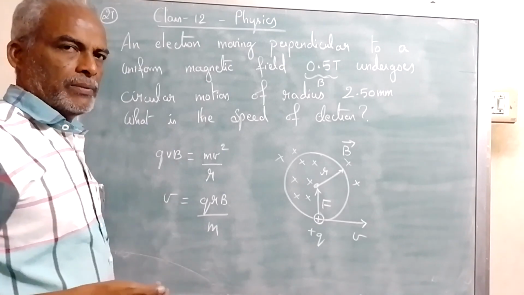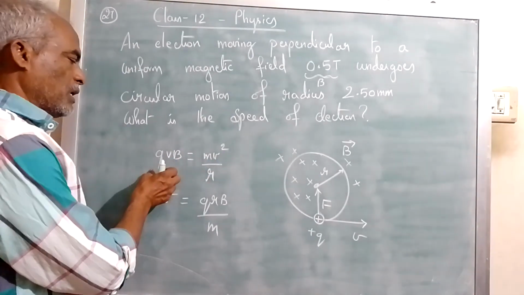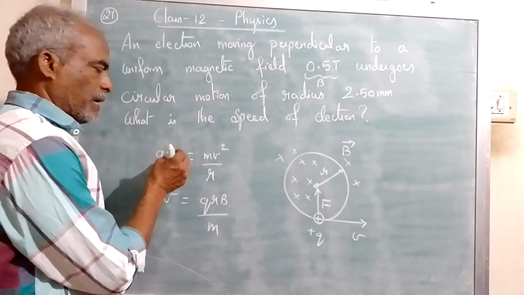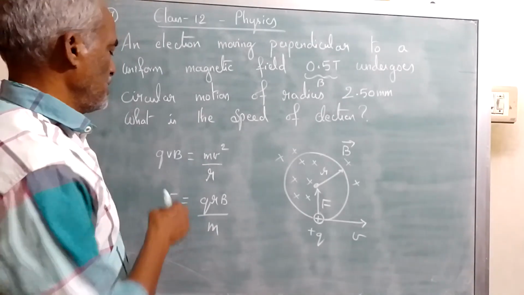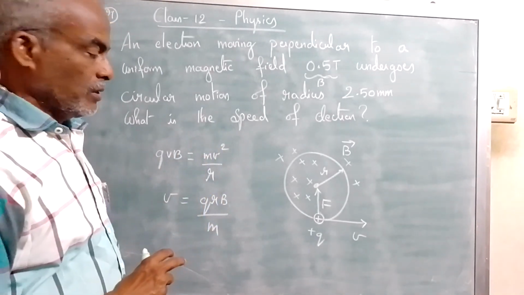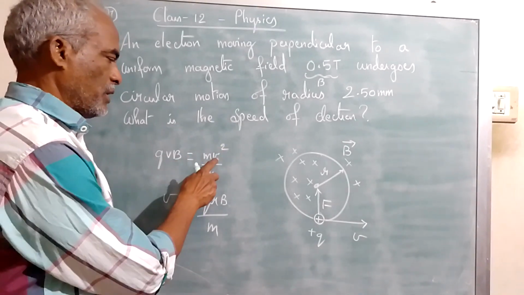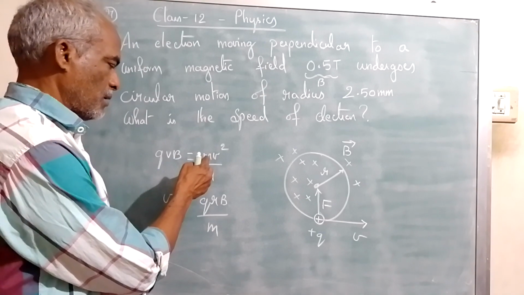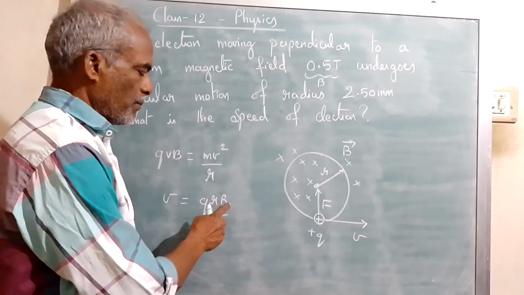So both can be equated. You have QVB, with the charge of the electron, velocity of the electron, and magnetic field, equated to the centripetal force mv squared by r. From this, V and the square term get cancelled. You keep V here, move R and M to the other side. So velocity is given by QRB by M.